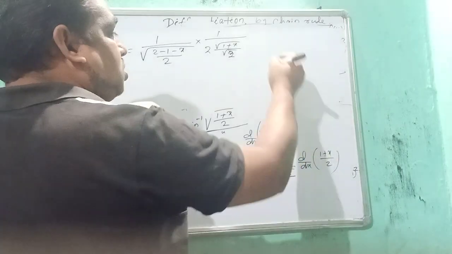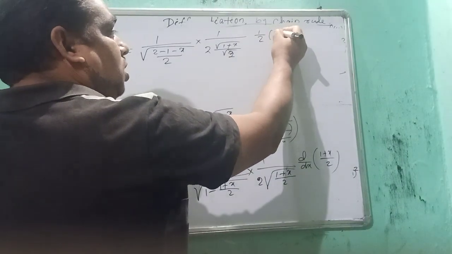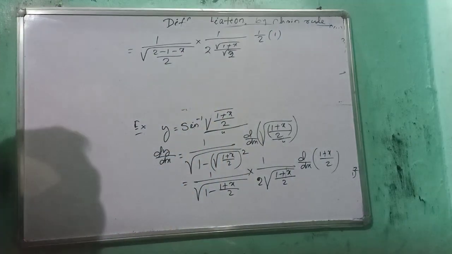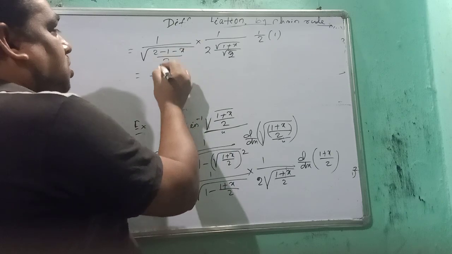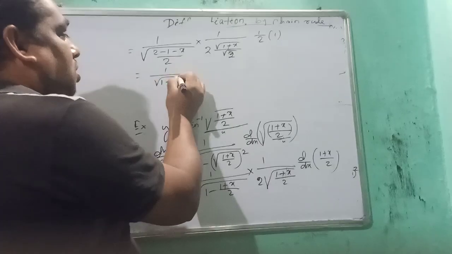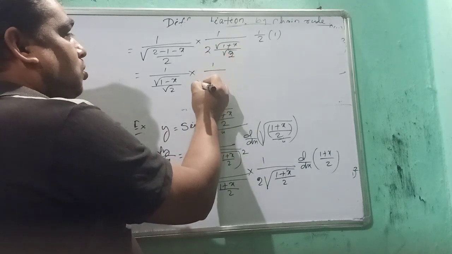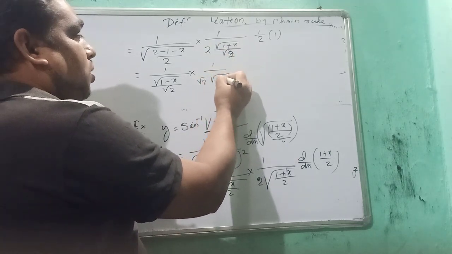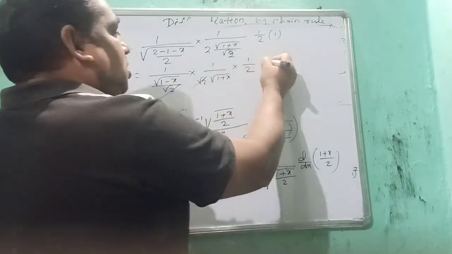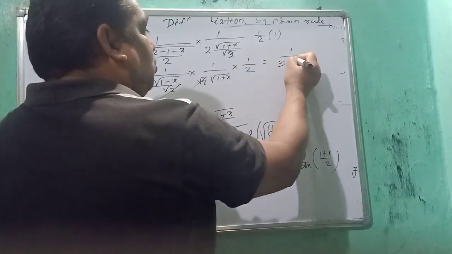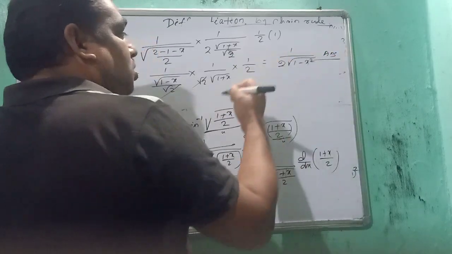Here, in 1 plus x, the derivative of 1 is 0 and the derivative of x is 1. So its value is 1 by root of (1 minus x) by root 2, multiplied by root 2 into root of 1 plus x into 1 by 2. This one is cancelled here. That is 1 by 2 into root of 1 minus x square, which is your required answer.